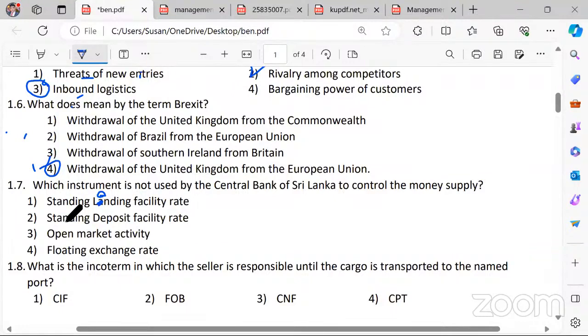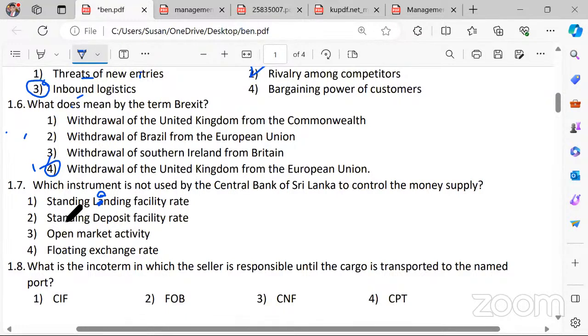Then there is an inflow of money to the Central Bank, and the money supply decreases. If the Central Bank is buying the securities, then it pays money to commercial banks, and their money supply increases.